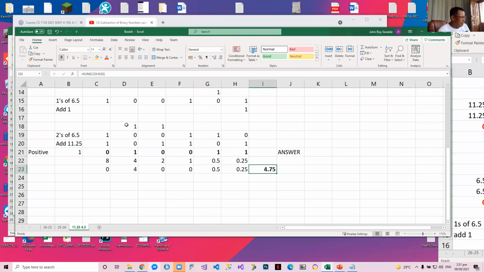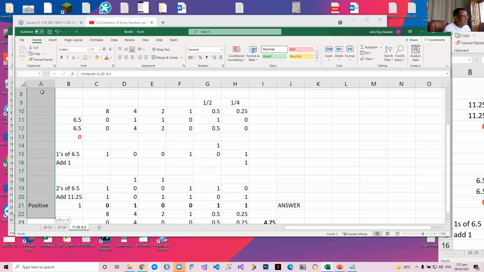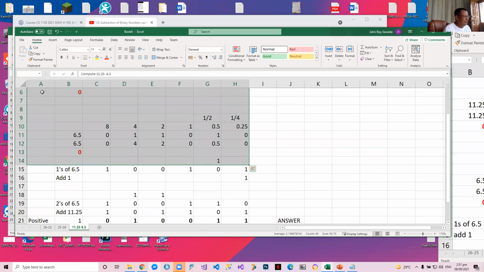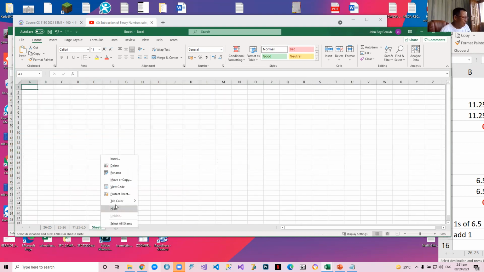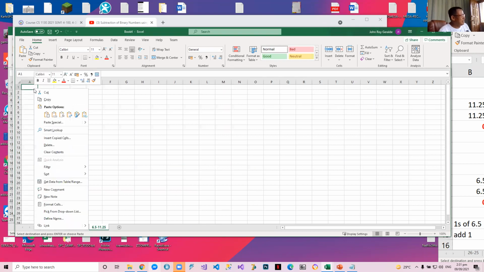Do you like us to do the reverse, or do you do the reverse? Okay. We'll compute the reverse. Nandito lang tayo. 6.5 minus 11.25. We do that. We'll just paste this anyway, no?